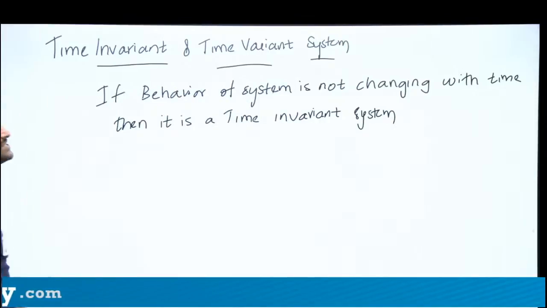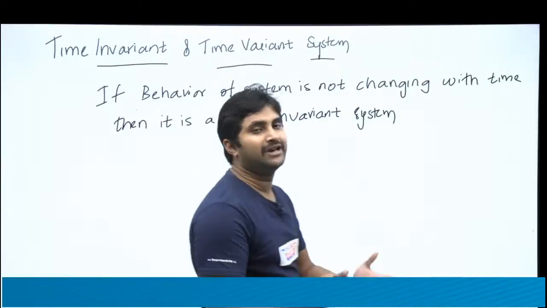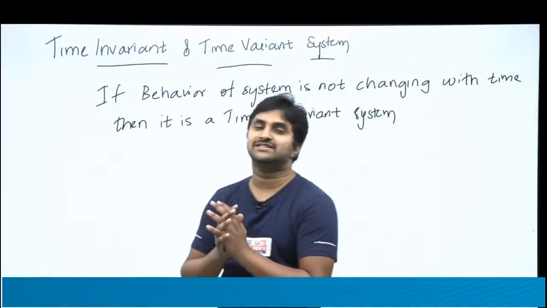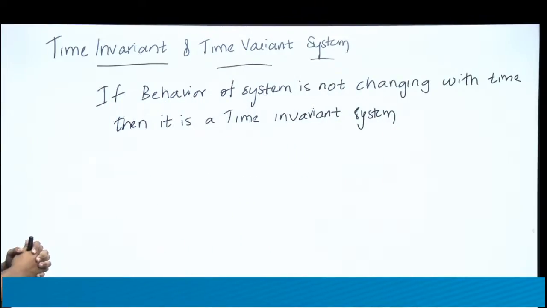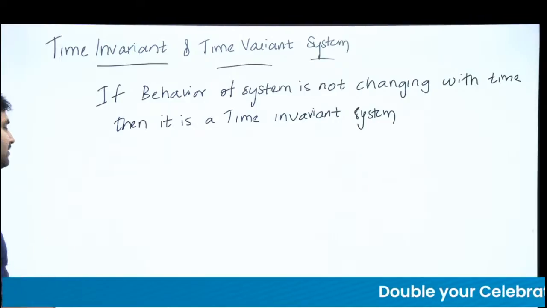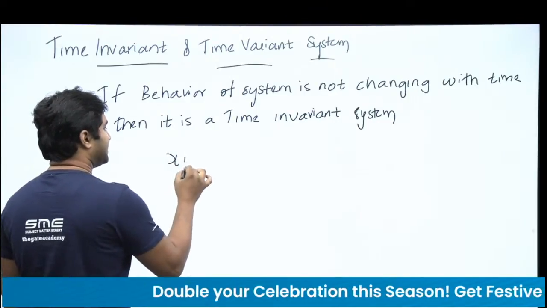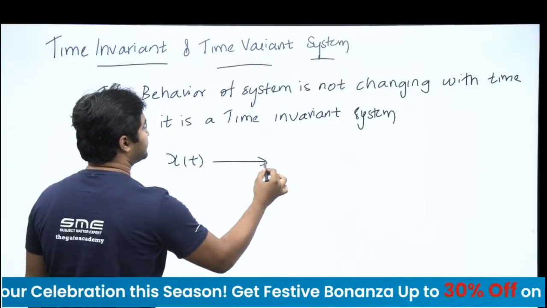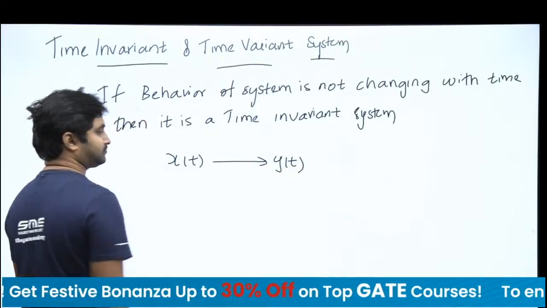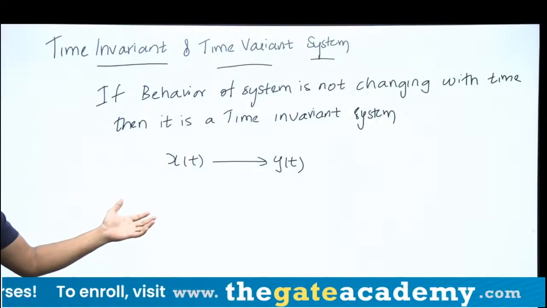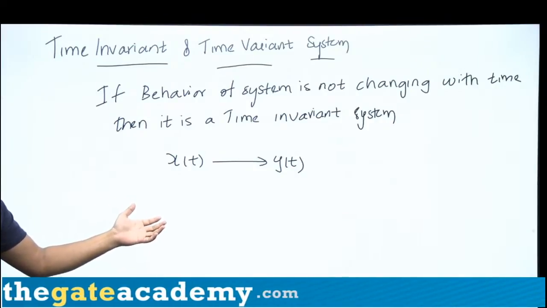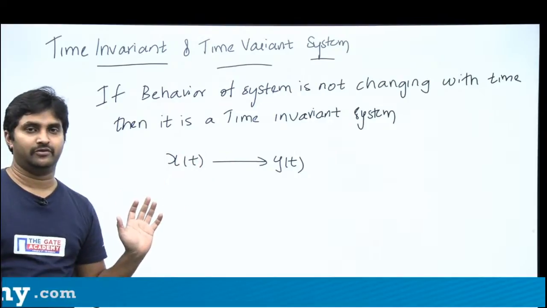So how do we say this in a mathematical manner? Very simple. If x of t gives you y of t, I am giving an input x of t and getting an output y of t.